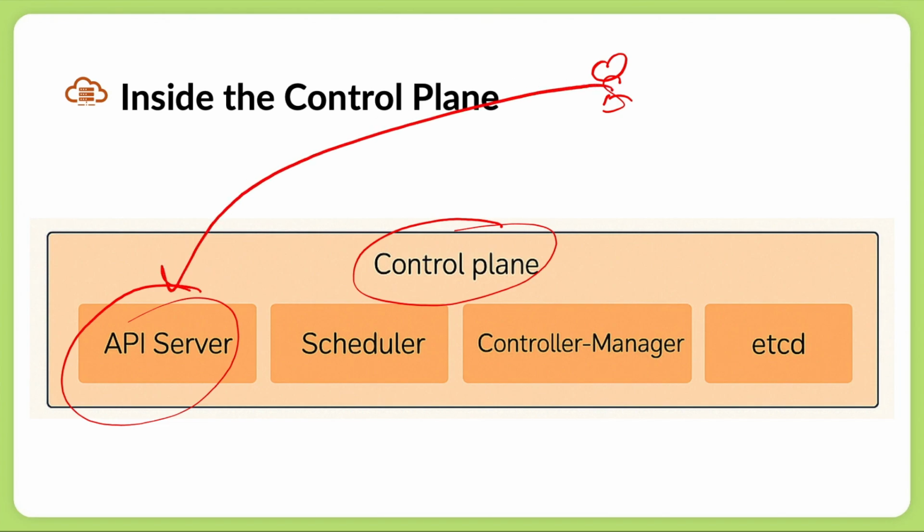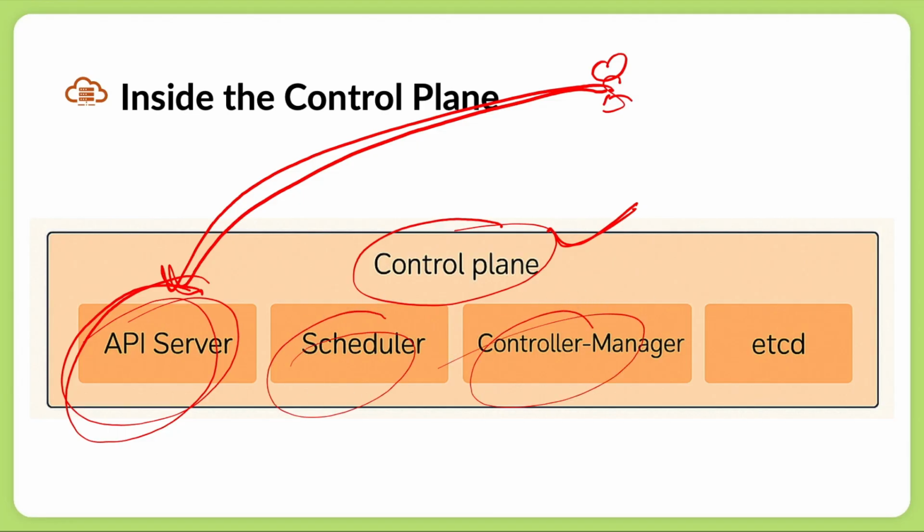As the name suggests, this is the API, and this is the public component of the control plane, publicly available, and that's where we as users interact with the control plane. When we say we need 3 containers, our request comes to the API server. The API server validates our request and sends it to the different components of the control plane to do the job or take the action.